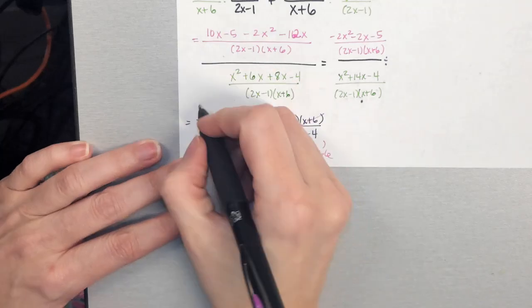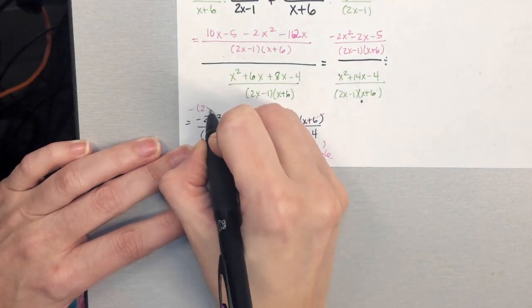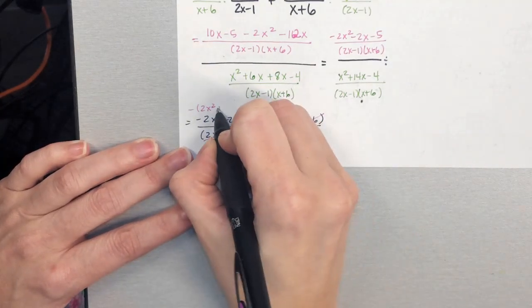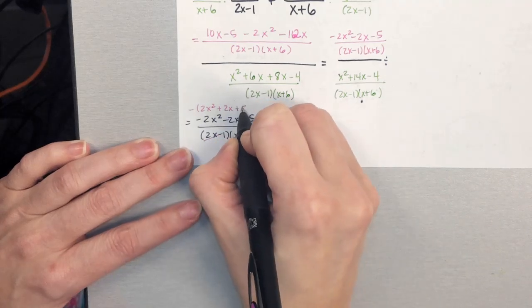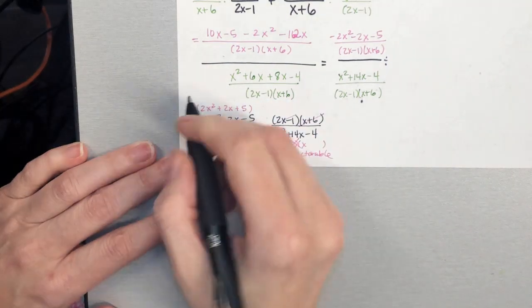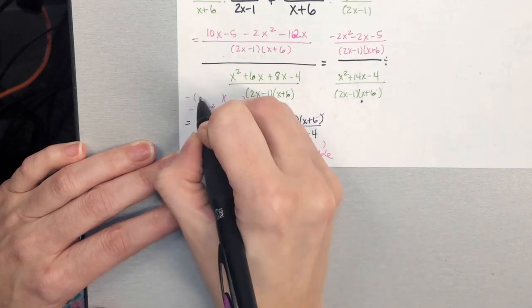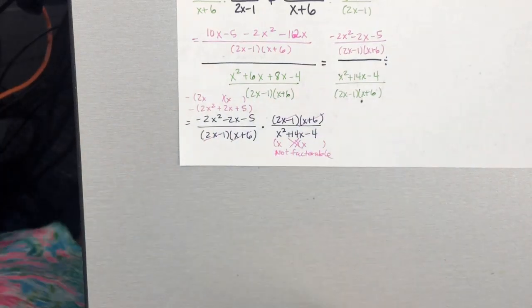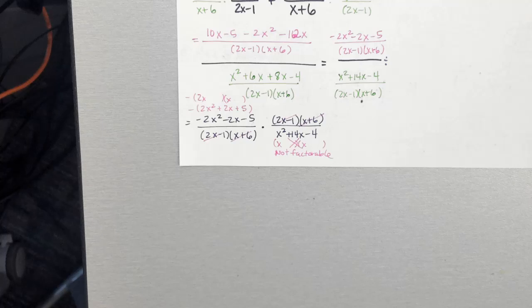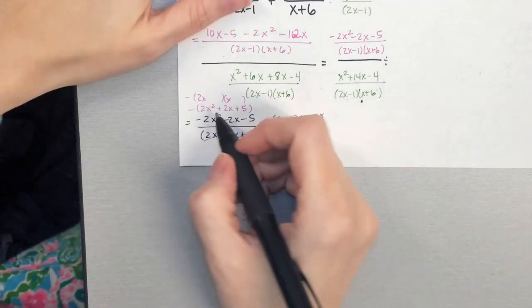Now with this one, I would take out the negative first just because it's easier for me to factor that way with the positive start there. So I have 2x and x is how I'd start. Now notice that this is plus and this is plus. So the only way you get to 5 is 1 times 5. So there's no way you're going to be able to get to 2 from that because they're both positive. Okay, so that's also not factorable.